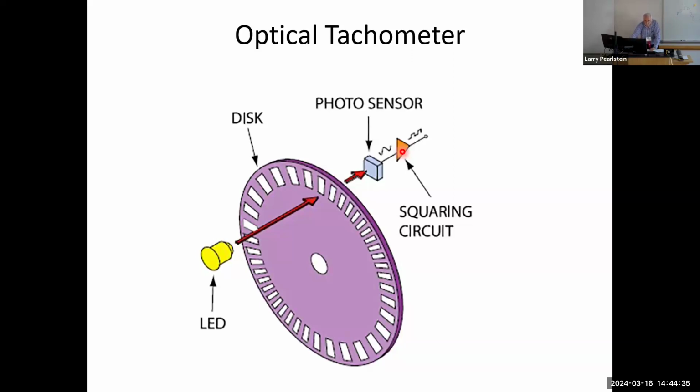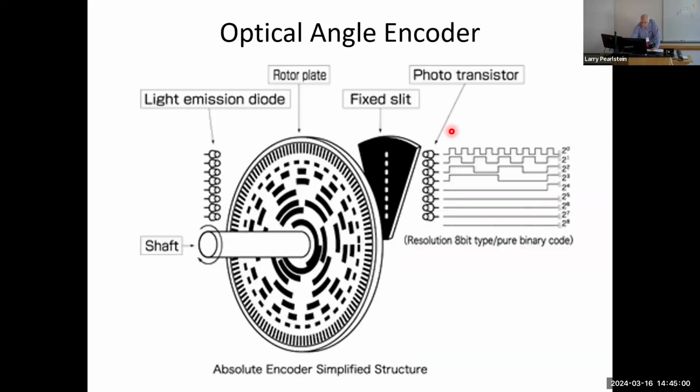The optical tachometer has a disc with slots around the perimeter, a light source here, which can be an LED, a regular bulb, anything you want, and downstream you have a photosensor. As the slots pass through the light beam, it blinks on and off, and the frequency of that is what gives you your RPM, and hence your wind speed.